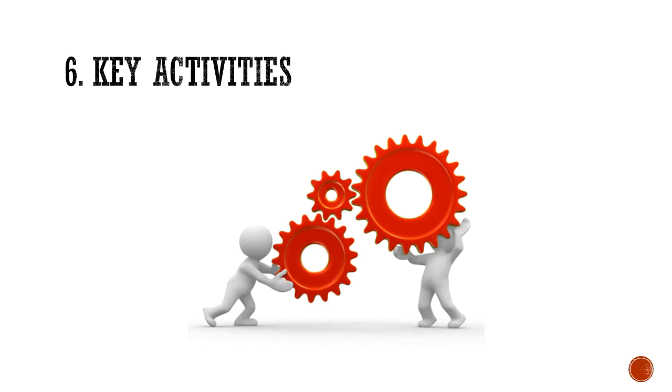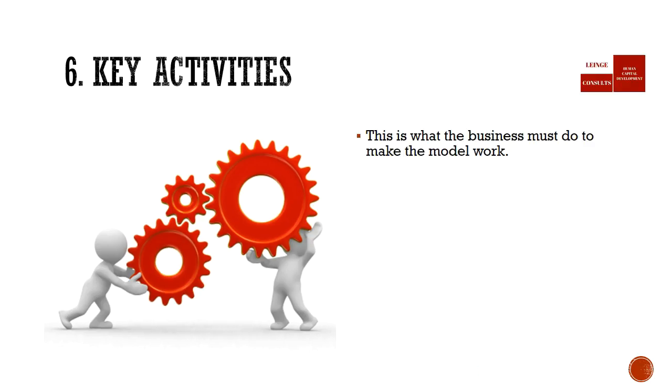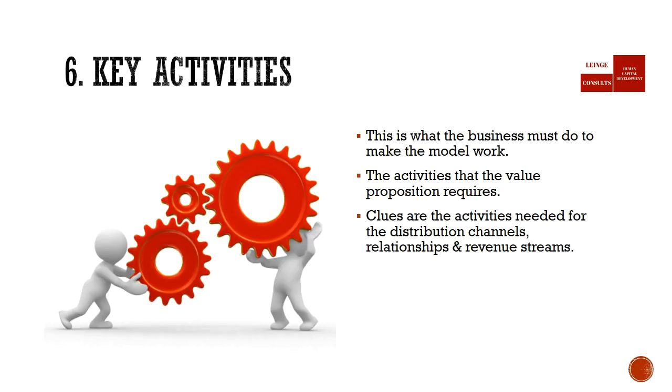Number 6, key activities. Like I said earlier, key activities are those things that you must do if you're going to succeed in business. So what are those important things? Key activities are those activities that the value proposition requires. If you want to have an idea of that, you should focus on your distribution channels.